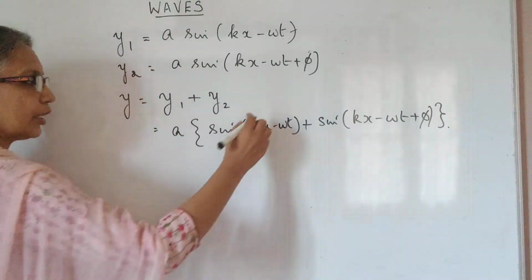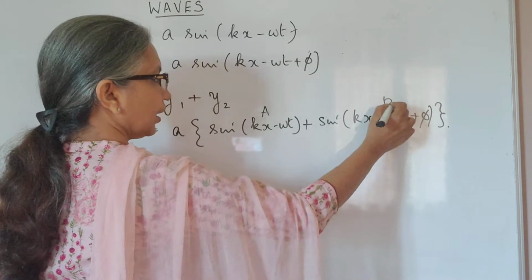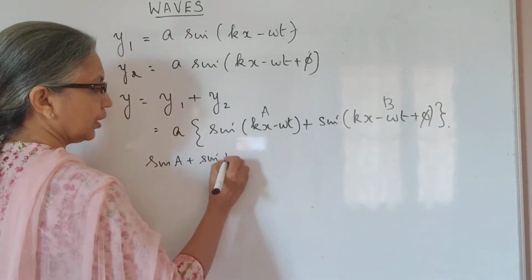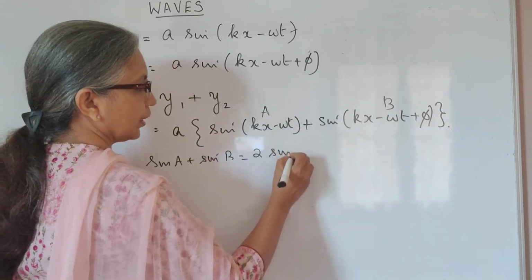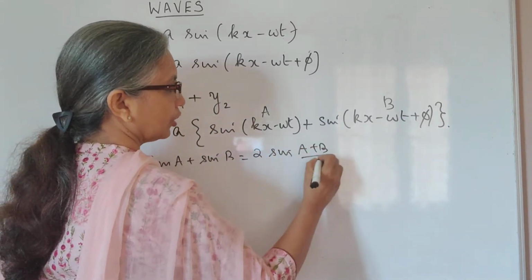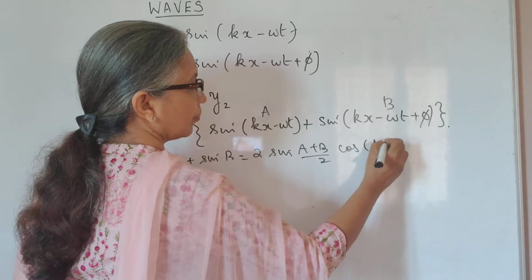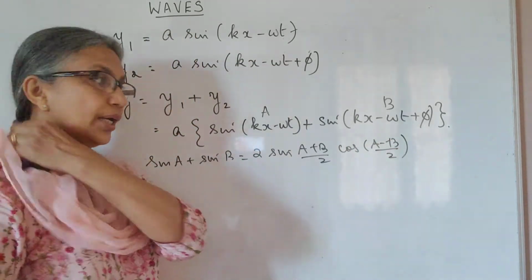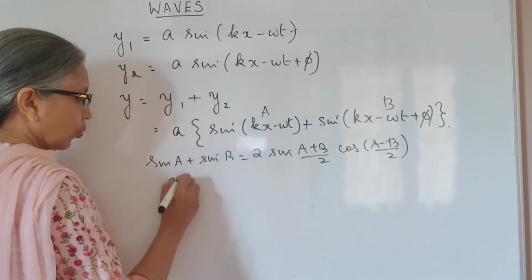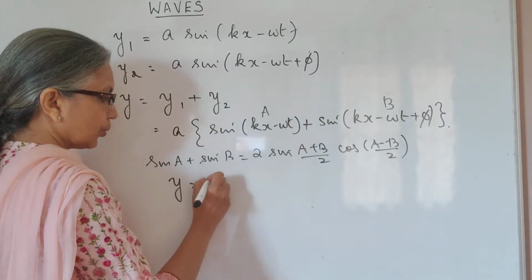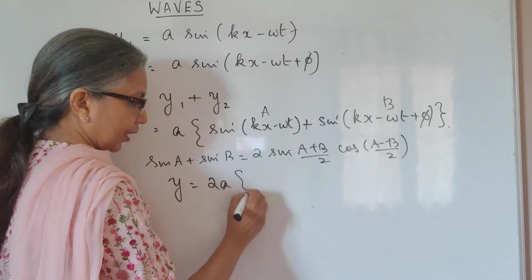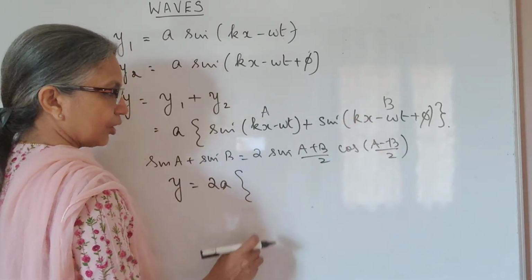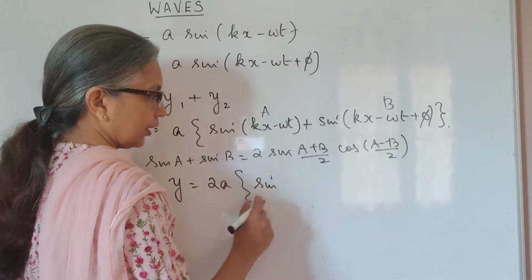Now here I can use this as A and this as B and use the identity sin A + sin B = 2 sin((A+B)/2) cos((A−B)/2). Using this identity, I am going to expand this and write y = 2A, taking it outside, sin((A+B)/2) cos((A−B)/2), which means we have sine.